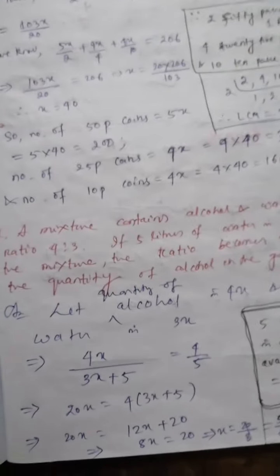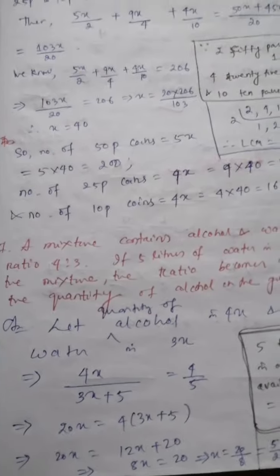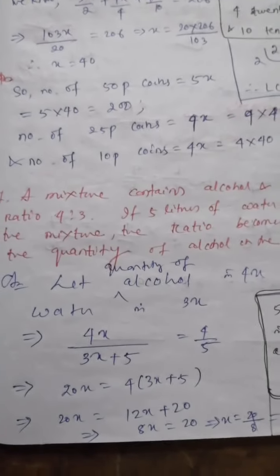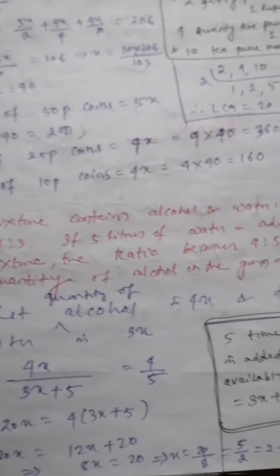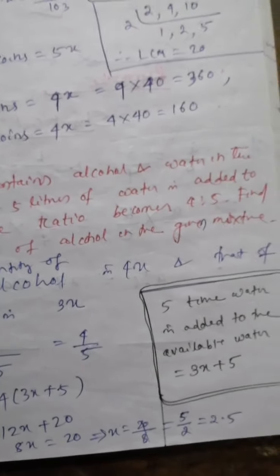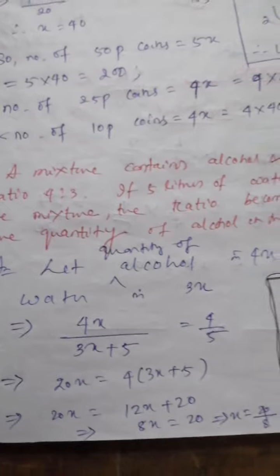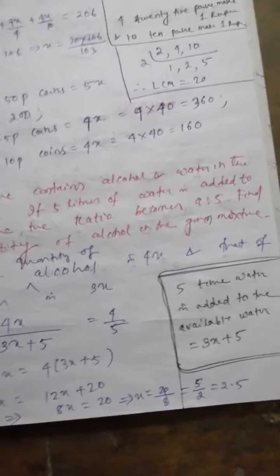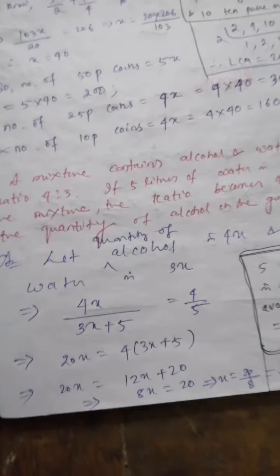Fine. Next, question number 7. A mixture contains alcohol and water in the ratio 4:3. If 5 liters of water is added to the mixture, the ratio becomes 4:5. Find the quantity of alcohol in the given mixture. So what shall I do?